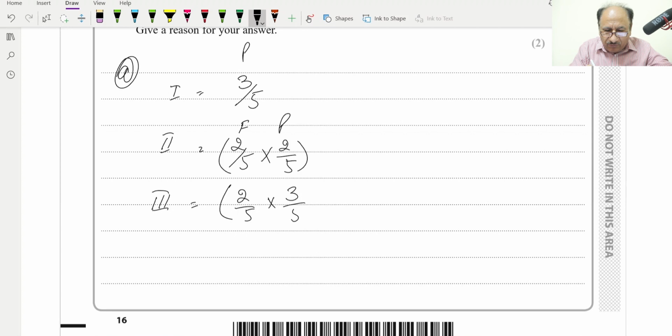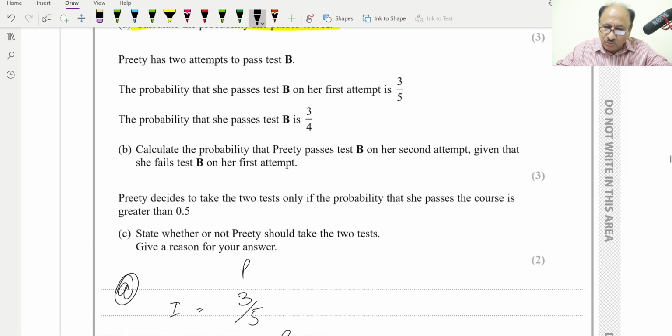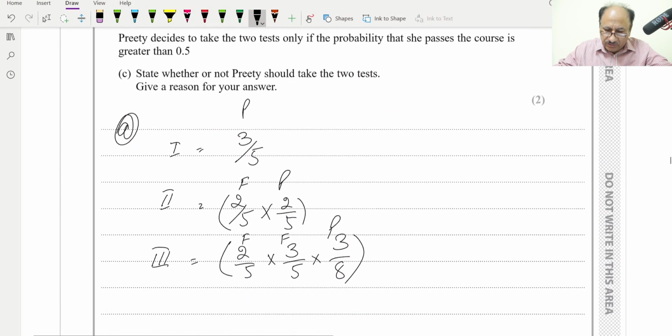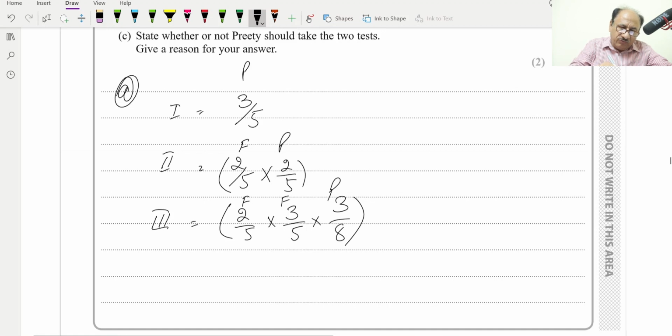Second fail is 3 by 5 because second pass is 2 by 5. So this is fail, fail and pass. Third pass is 3 by 8, which is provided in the question, which I'll show you. This one, 3 by 8, is the third attempt pass. So this is first attempt, second attempt, third attempt.